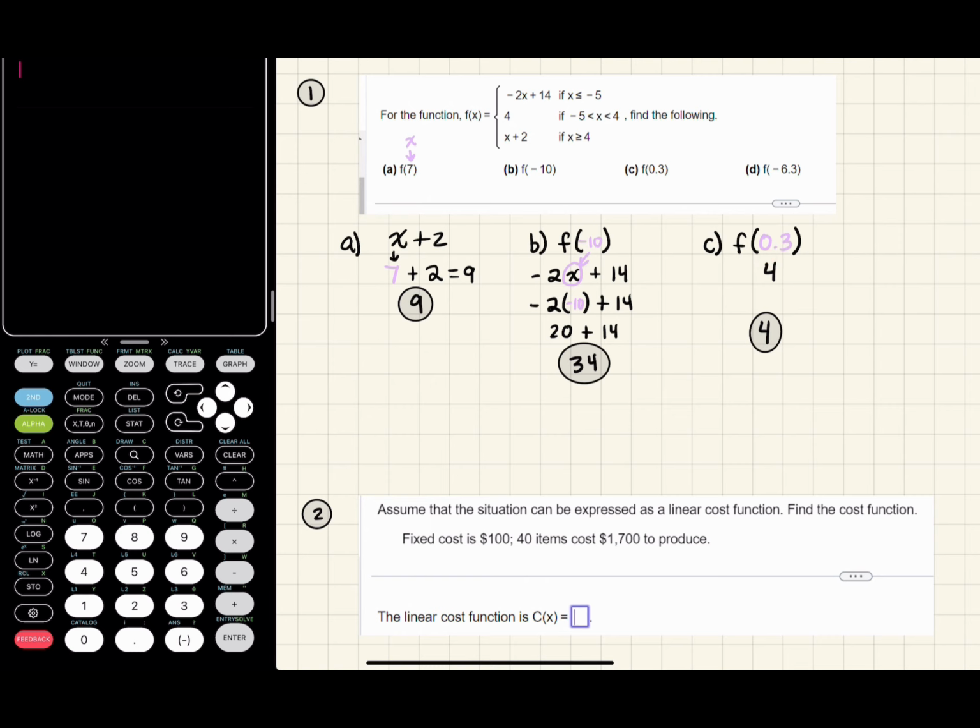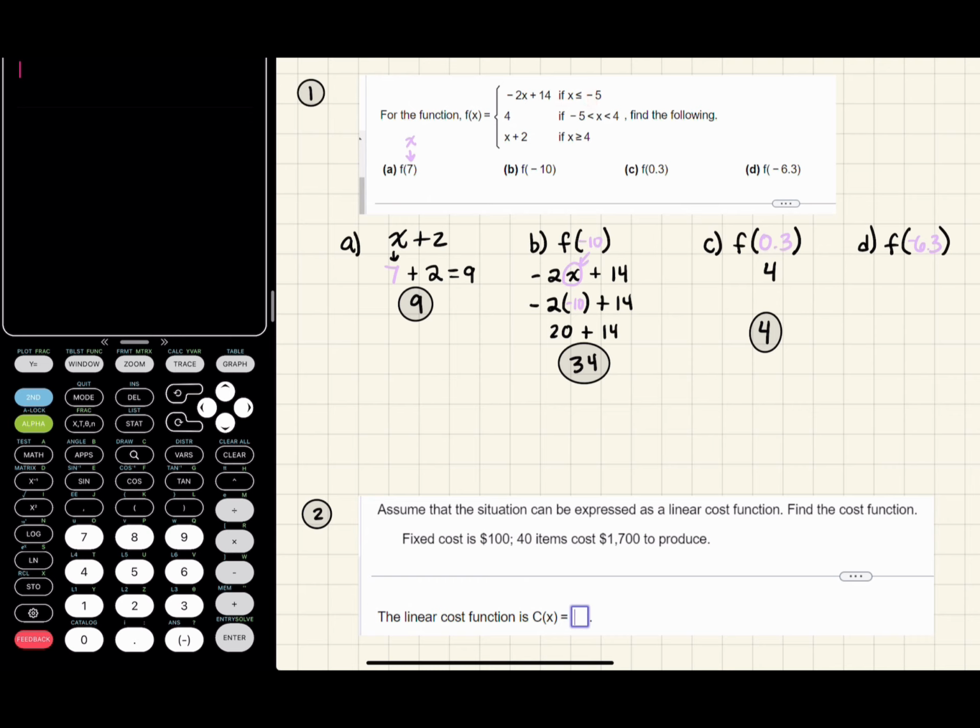And finally, part D, we are given f of negative 6.3. Negative 6.3, let's start from the bottom this time. Is negative 6.3 greater than or equal to 4? No, it's not. Is negative 6.3 between negative 5 and 4? No, it's not. Is negative 6.3 less than negative 5? Yes, it is.